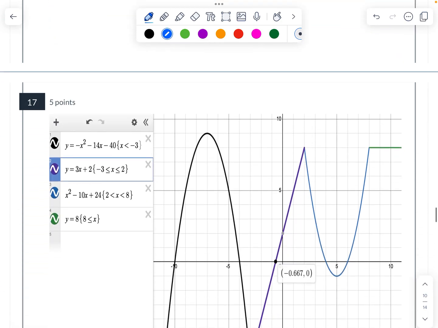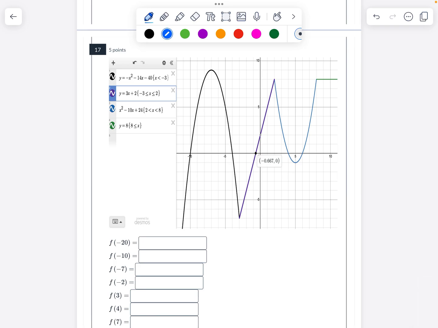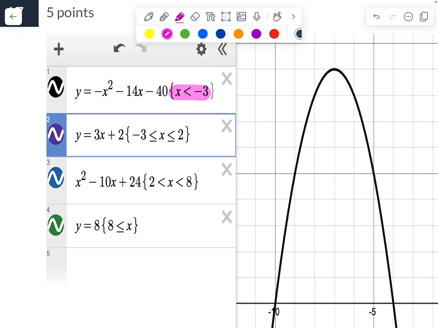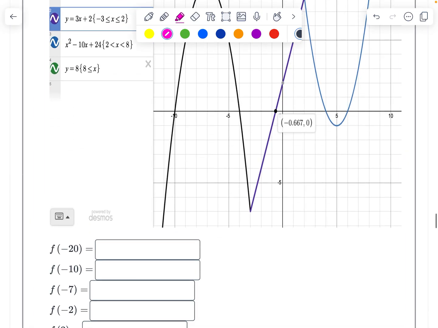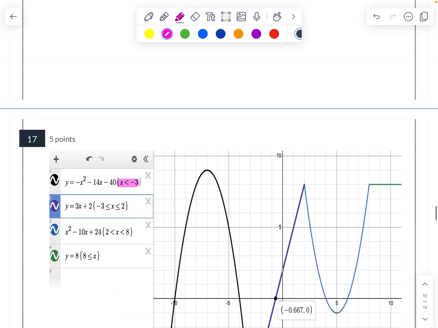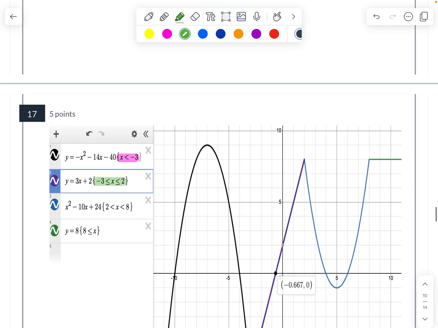Okay, on this one. First of all, let's notice, please, that this is everybody smaller than -3. So this is smaller than -3, this is smaller than -3, this is smaller than -3. So that function is going to work for those 3 numbers. This is between -3 and 2, inclusive. So between -3 and 2, that is only that one. Okay.